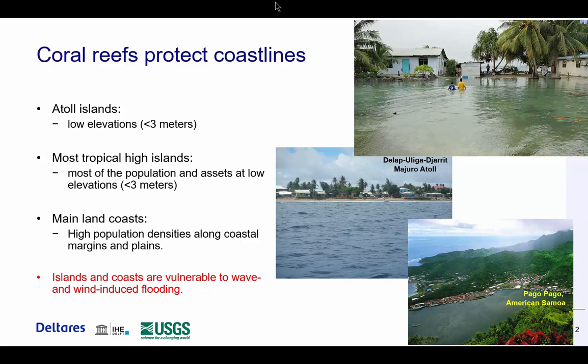They also protect mainland coasts of large countries and continents with high population densities along coastal margins and plains. So these islands and coasts are vulnerable to wave and wind-induced flooding, and therefore they need the protection of coral reefs.